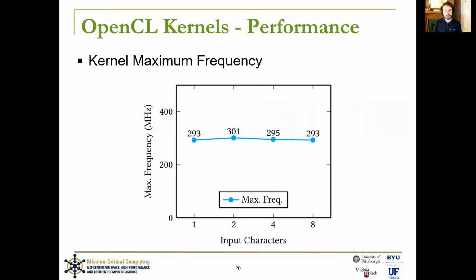As you can see, the Intel offline compiler for FPGAs using OpenCL is able to realize a fairly consistent clock frequency despite the added complexity that comes from increasing the input bandwidth, as you can see along the bottom here. We barely dip below 300 megahertz and remain fairly constant there.